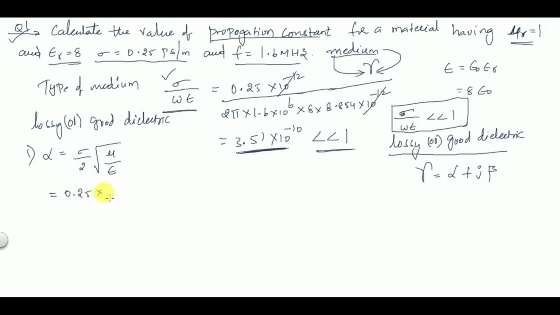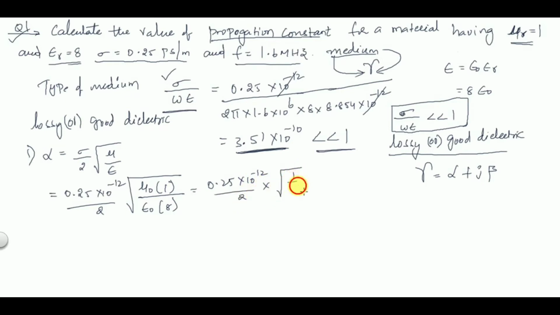So what is sigma? 0.25 into 10 to the power of minus 12, divided by 2 into root of mu, where mu is mu naught mu r, so mu naught into mu r value is 1, by epsilon, where epsilon is epsilon naught into epsilon r, and epsilon r value is 8. So 0.25 into 10 to the power of minus 12 divided by 2 into root of 1 by 8 into root of mu naught by epsilon naught.